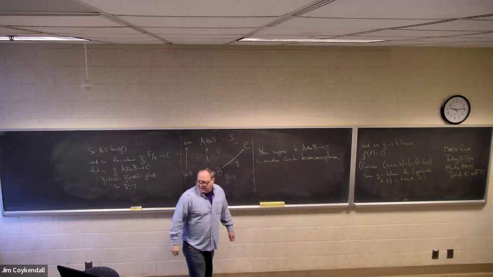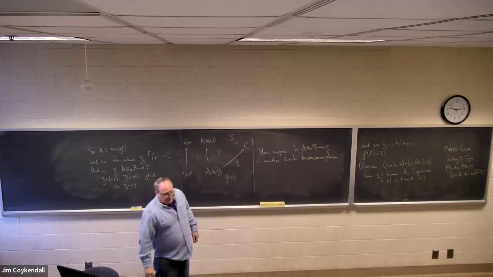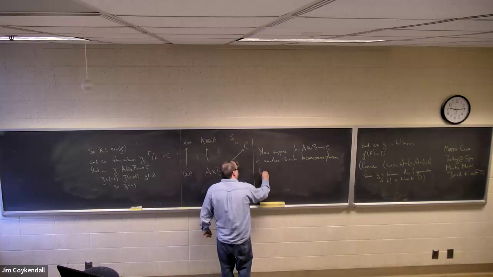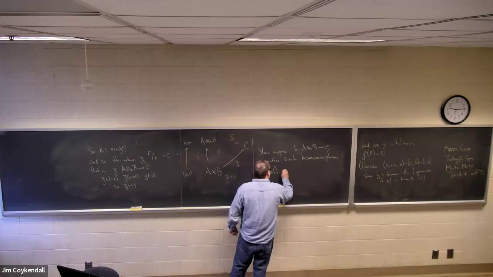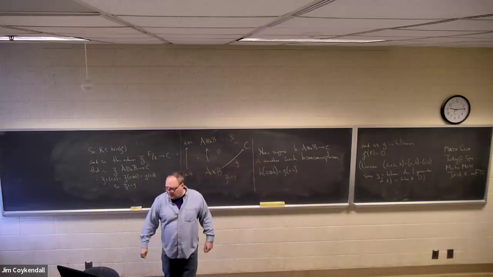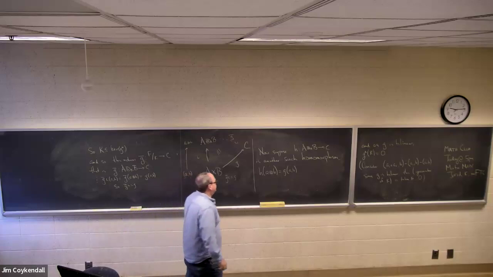Then you look at h of a tensor b, this is equal to g of (a,b), which is g bar of a tensor b.